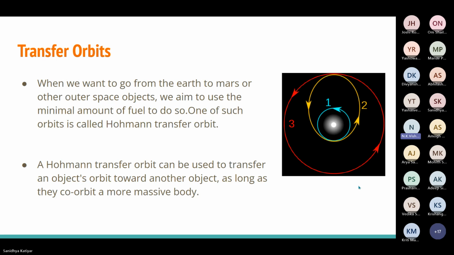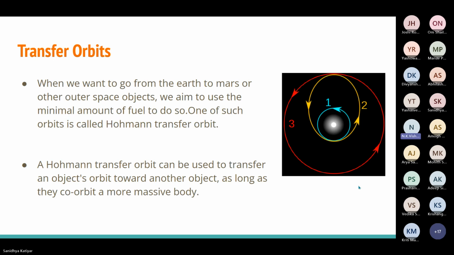So at Earth we calculate the right time such that we can go to 1, 2, and 3. And at the time when the satellite goes from 2 to 3 is when the planet where we want to go is at 3.